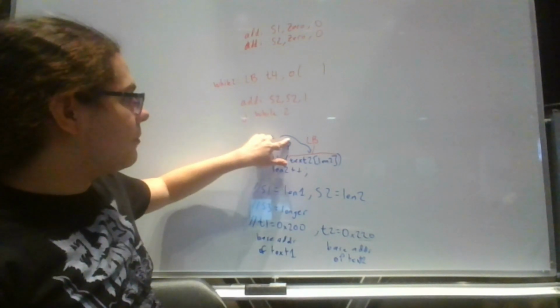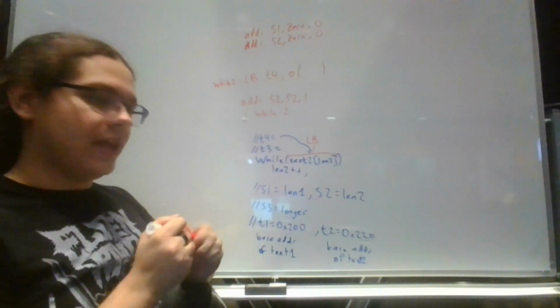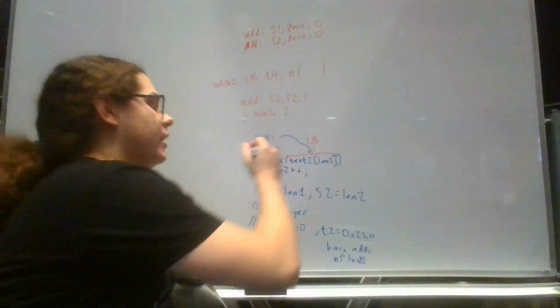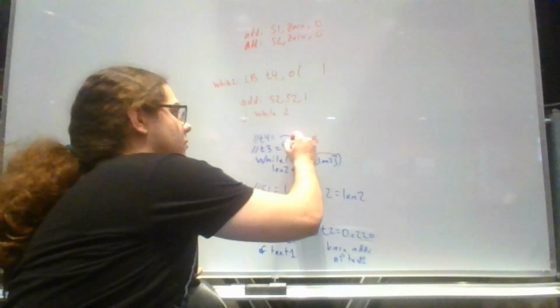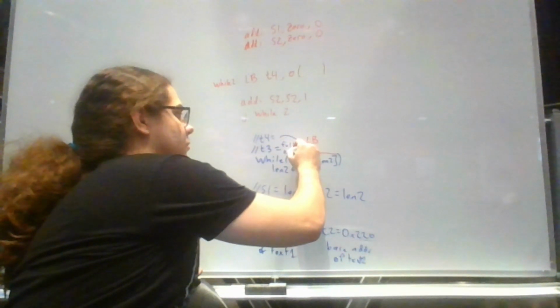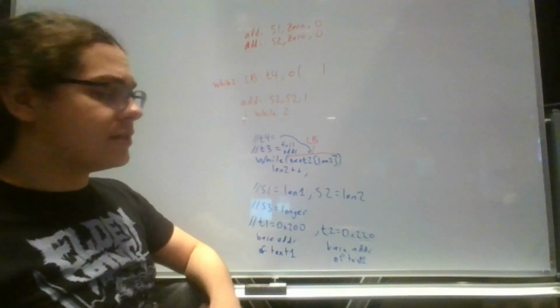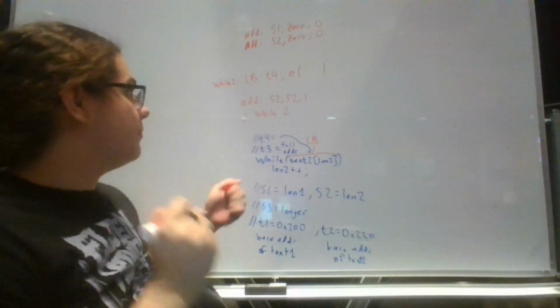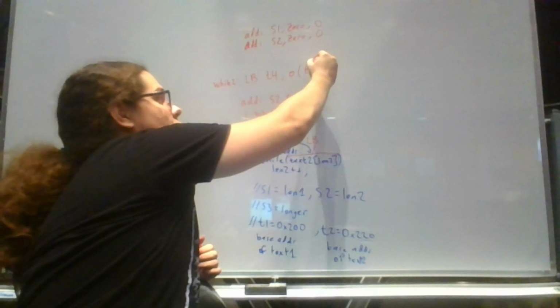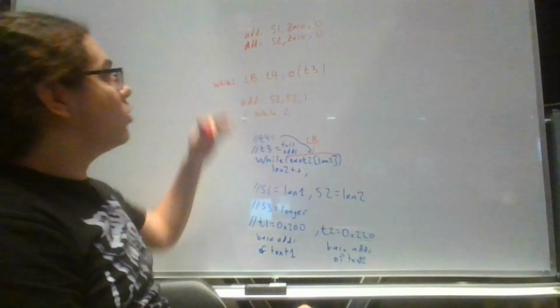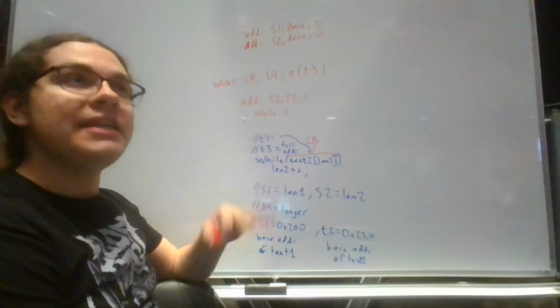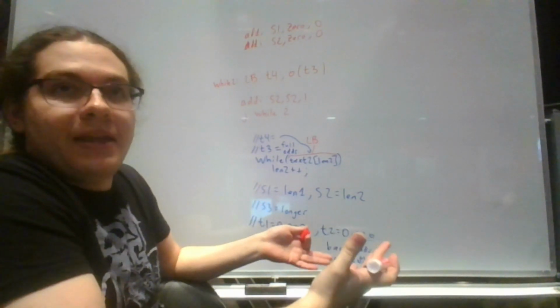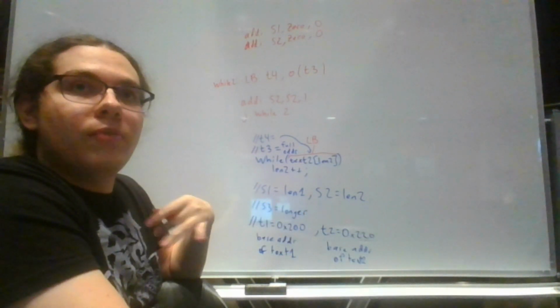And that is what I'm going to be using T3 for. That's going to be the full address I'm looking at. And so above this while loop, I need to initialize T3 to the base address because it needs to be that before I begin the while loop.